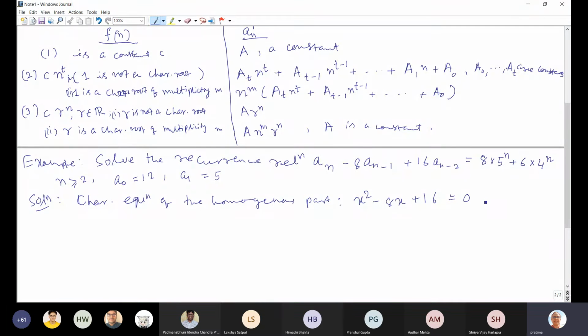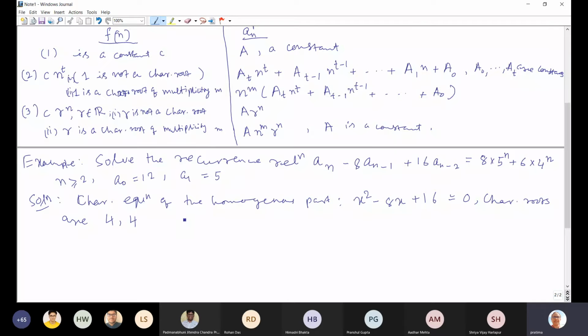So what are the roots over here? What are the characteristic roots? 4 and 4, right? Yes, 4 and 4.